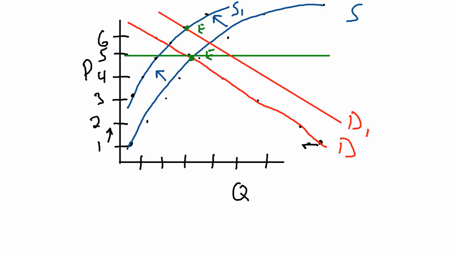And what causes a change in quantity supplied here at $3, $4 and $5? It's a change in the price, and that would change the overall quantity supplied, and then that would change the actual supply curve.